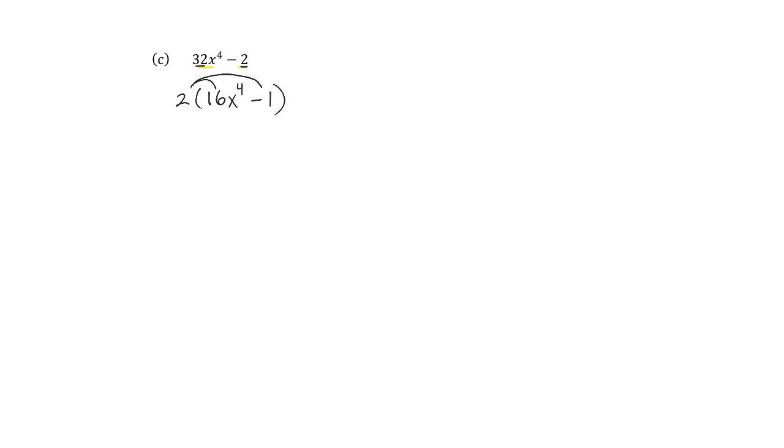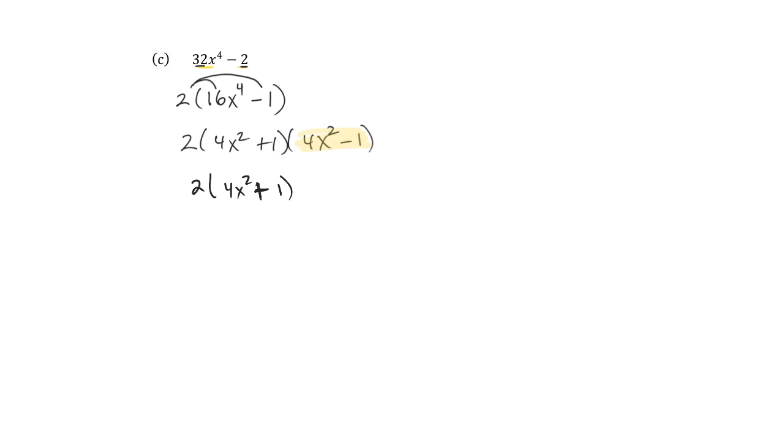Now, if I rewrite this, I have 2 times 16x to the fourth minus 1, which factors as 4x squared plus 1 times 4x squared minus 1. Now this is also a difference of perfect squares, so I need to keep going. 4x squared plus 1, that's prime because of the addition.